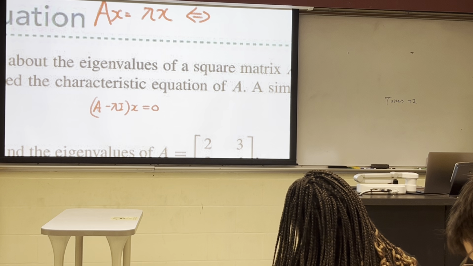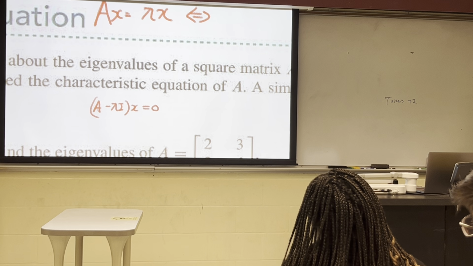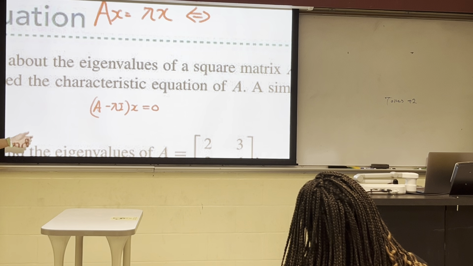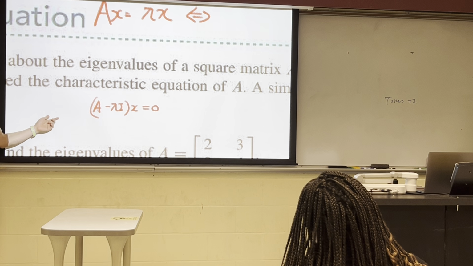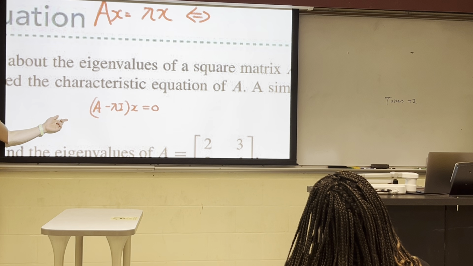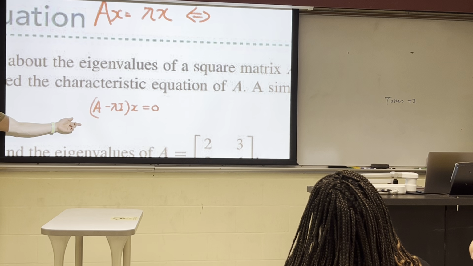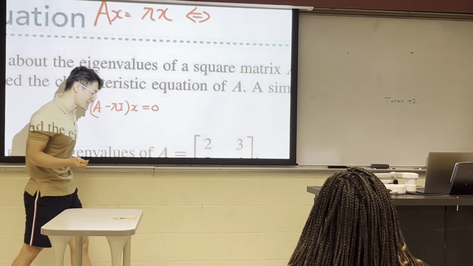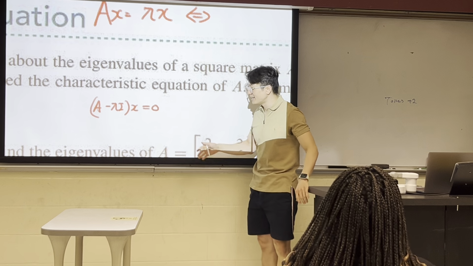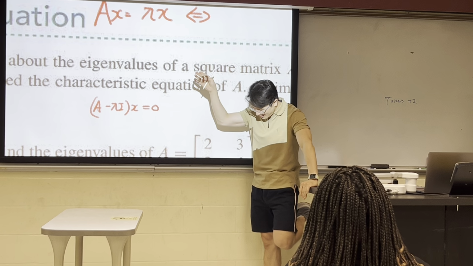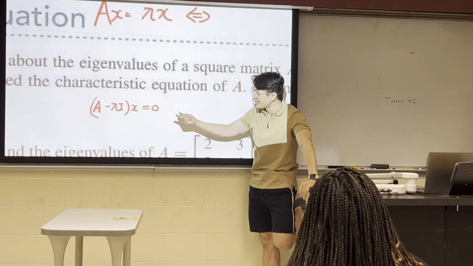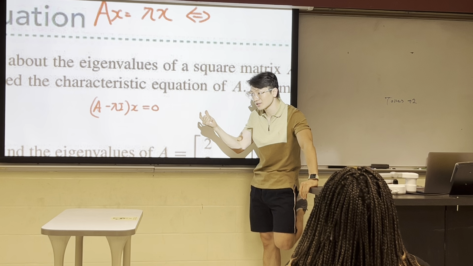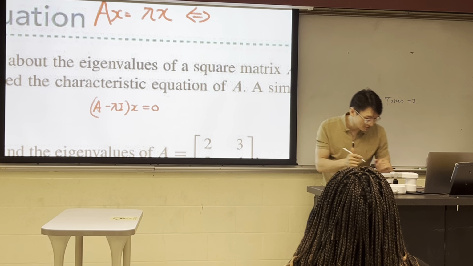This is one of the questions from the exam 1 true false. A is invertible if and only if the determinant is 0 or not 0? Not 0. So in this case, I want a non-invertible matrix, which means the determinant should be 0.